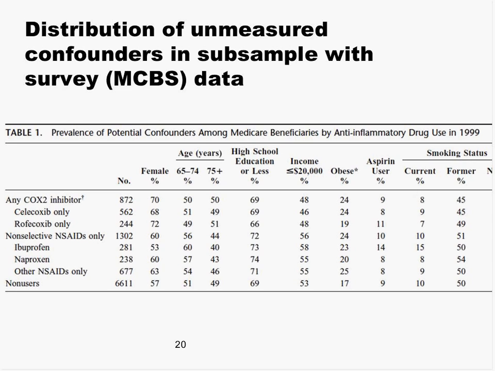So we're interested in the distribution of these particular confounders, obesity, for example, and aspirin use, in different exposure groups: celecoxib, rofecoxib, and the non-selective NSAIDs. So let's look at any coxib inhibitors. Let's look at obesity. 20% are obese among coxib users, and 24% are obese among non-selective NSAID users, but only 17% are obese among the non-users that neither use coxibs nor non-selective NSAIDs.